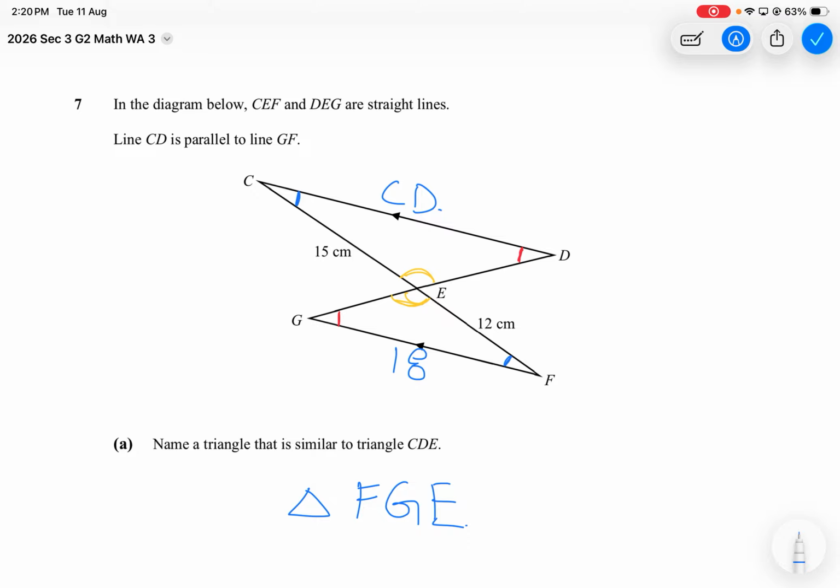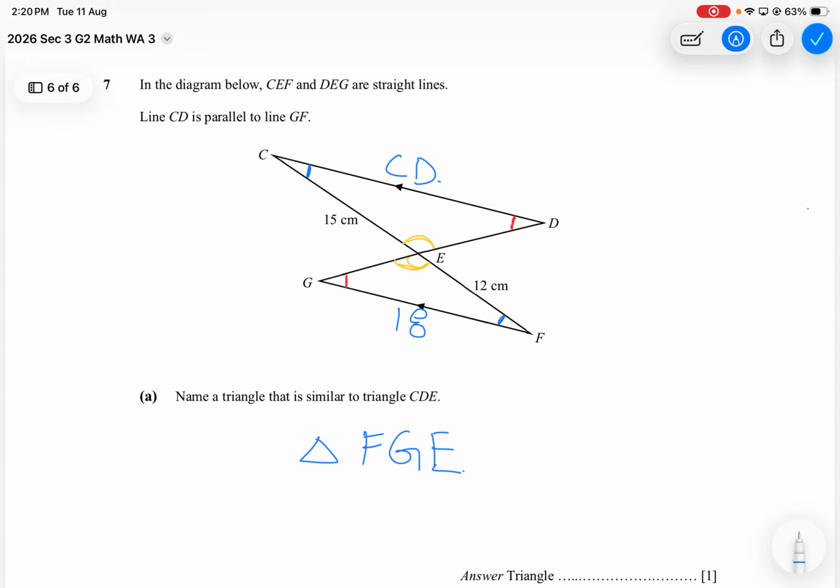So CD corresponding side is FG. CD over FG will give me the scale factor. CD is the big one, FG is the small one. So big one over small one.